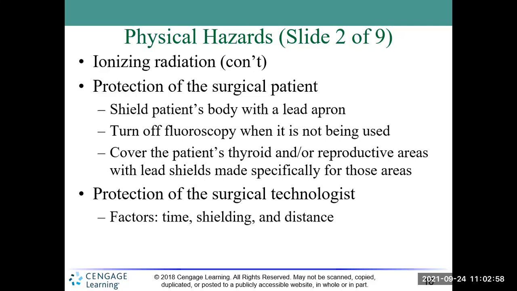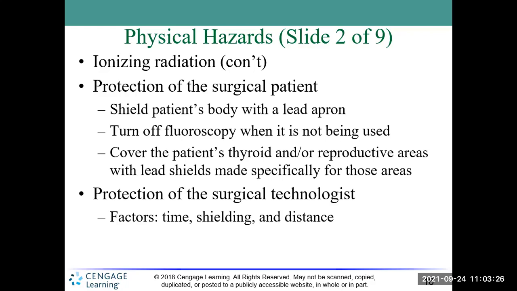Now, for yourself, you may find that in cases where radiation is being administered, you will also probably be wearing a lead apron. Be prepared for those because they are heavy and hot. And so you have to prepare for the carrying of that weight during the procedure. They are fairly comfortable though, so you don't have to worry about that discomfort.